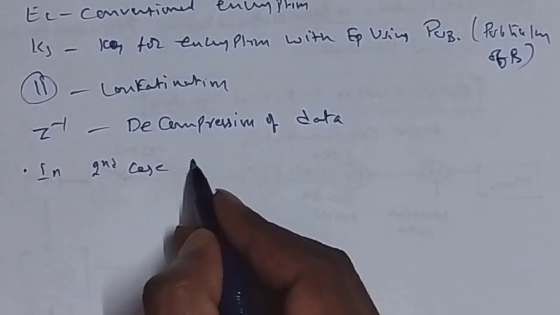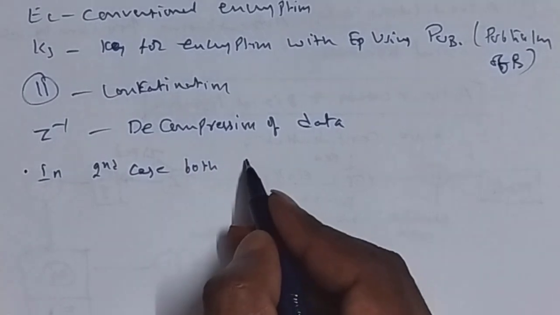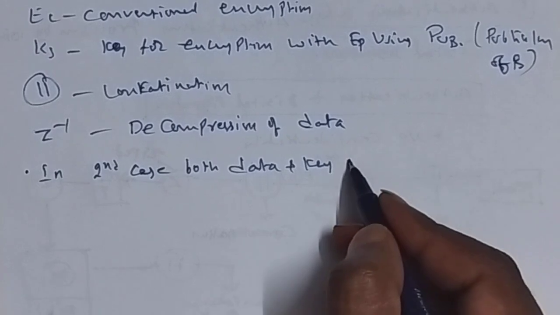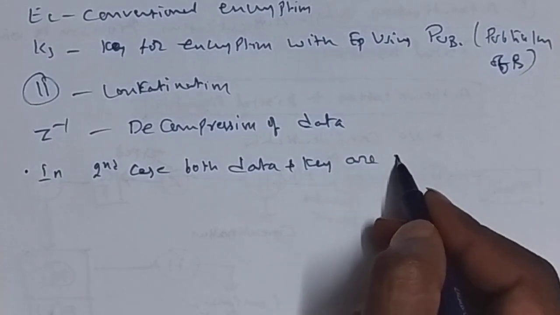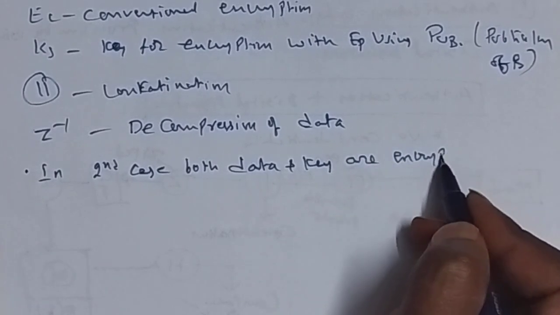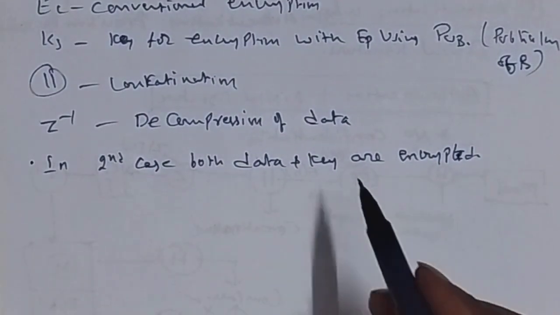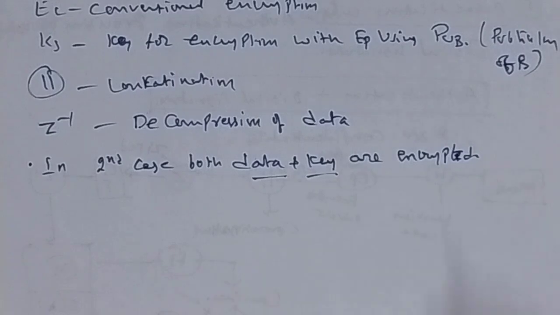In the first one only data will be encrypted. Here key and data both are encrypted. It is conventional encryption. And the third method is confidentiality and authentication.